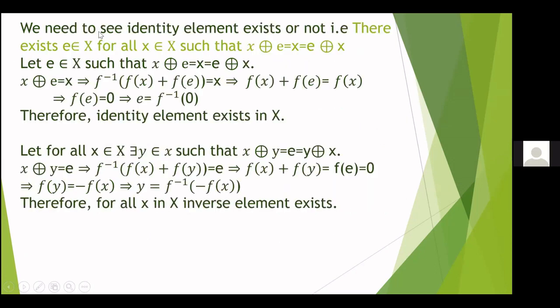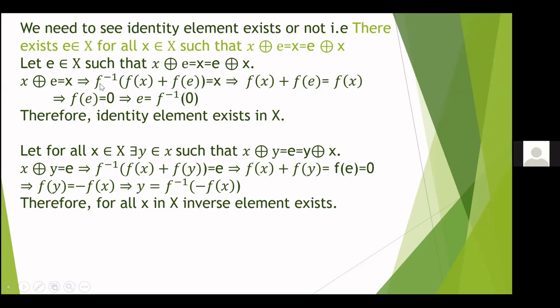In the second part, we need to check whether there exists an identity element. So we take an e belonging to X such that it follows the condition for an identity element, that is x plus e equals x equals e plus x. Now I apply the operation between x and e and I get F inverse of (Fx plus F of e) equals x.